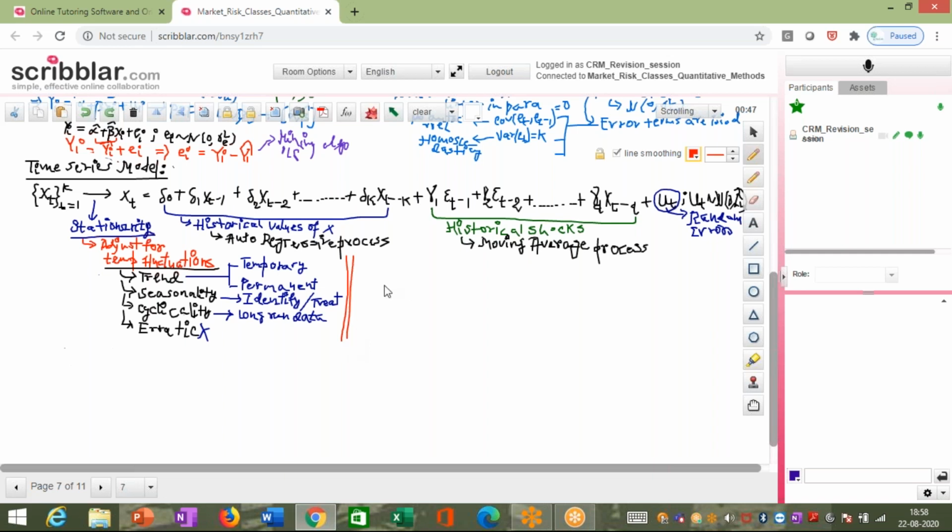So the first question is, how do we know whether a time series analysis needs to be done on data? How do we identify that a time series model needs to be developed? So what are the checks?